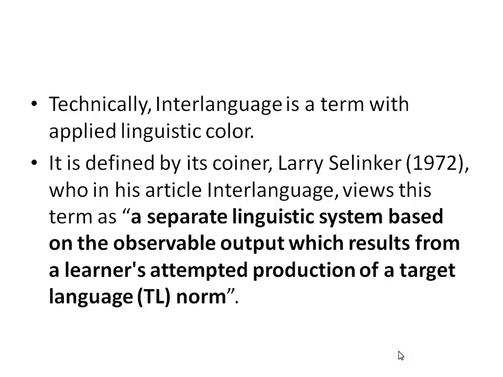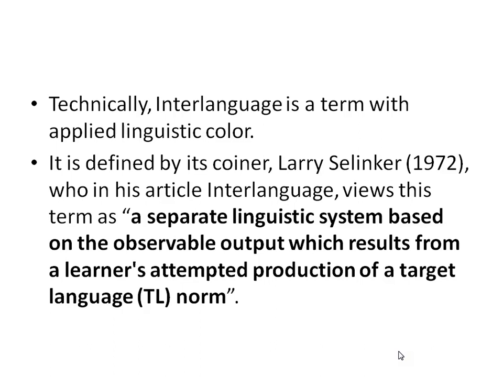Larry Selinker, in his article, views that it is a separate language system based on the observable output which results from a learner's attempted production of a target language. Attempted production of the target language means he or she might learn English, French, Hungarian or anything else.